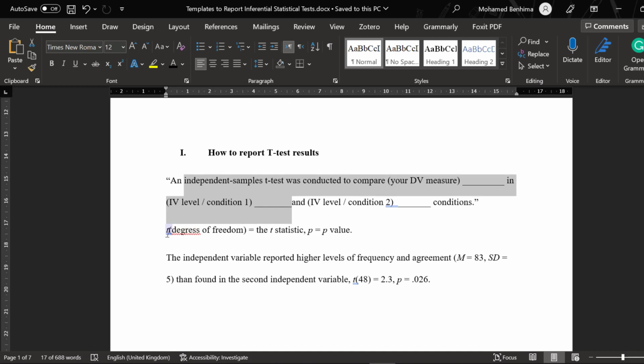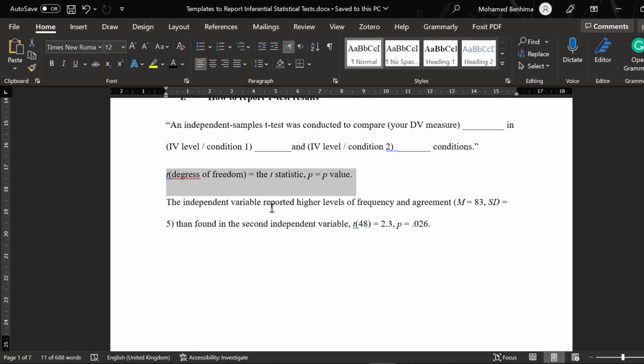Then you can see here t, the degrees of freedom, equals the t statistic and the p value. So this is like the equation that we use. And we can say that the independent variable reports the higher levels of frequency and agreement, for example, of male respondents. And you put the mean equals and standard deviation in italics like this.